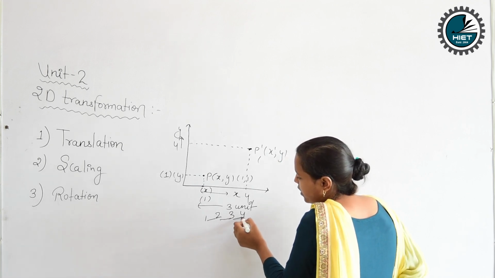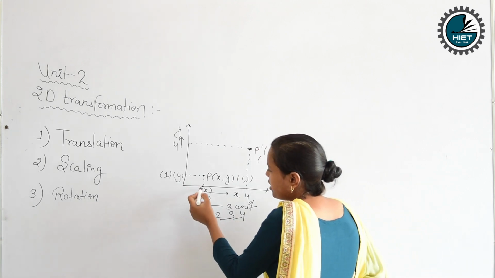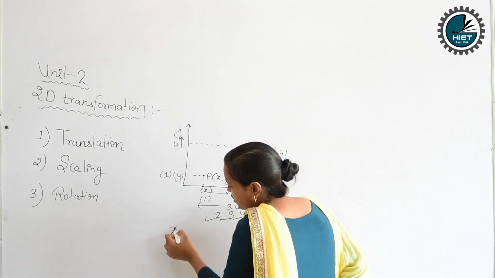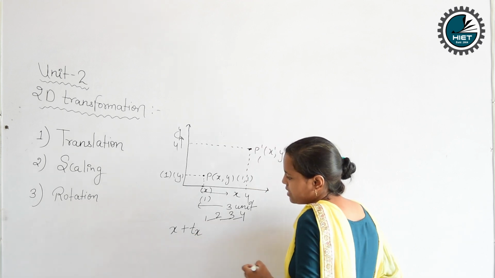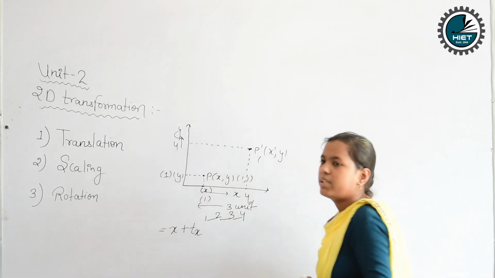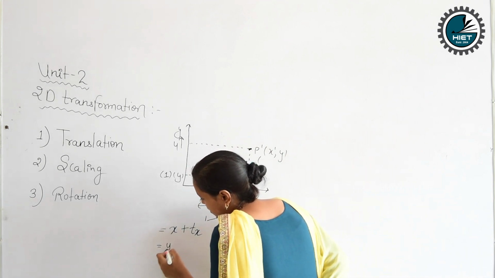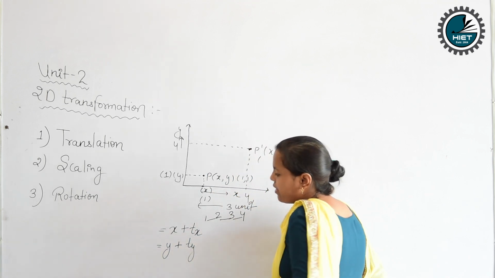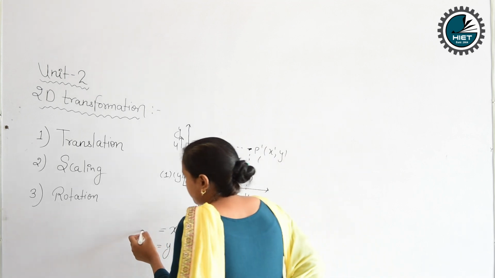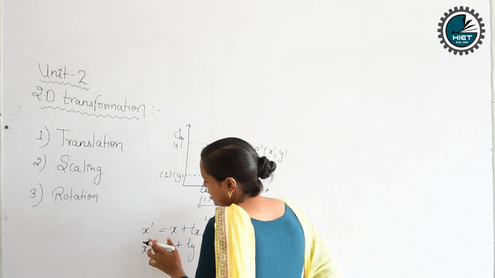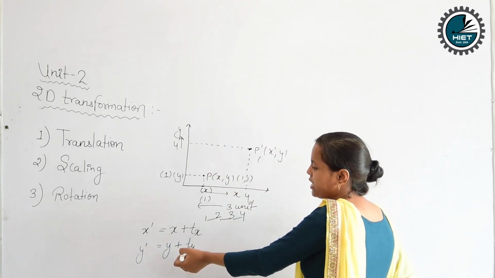This distance will be added to the old x. The equation will be x plus the distance moved, which we denote as tx. So this is the equation for translation along the x-axis. Similarly, y plus ty, where ty is the distance moved along the y direction. So the new coordinate will be x dash equals x plus tx and y dash equals y plus ty.